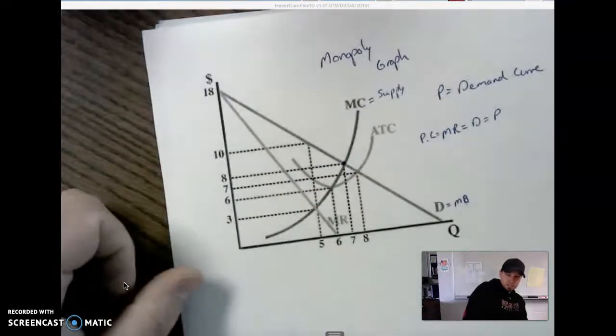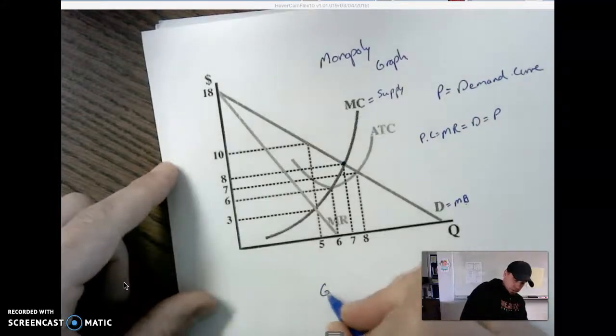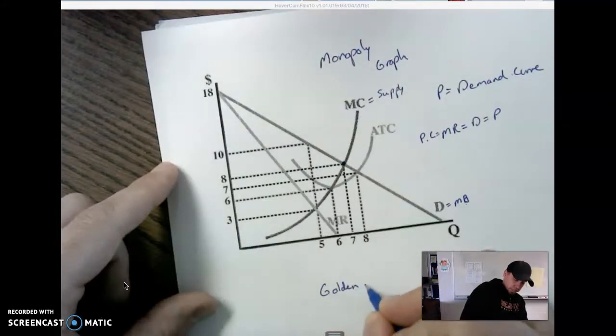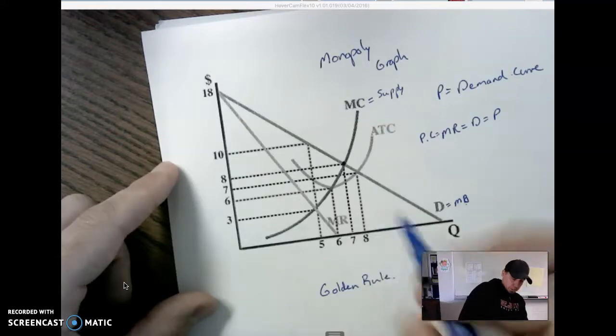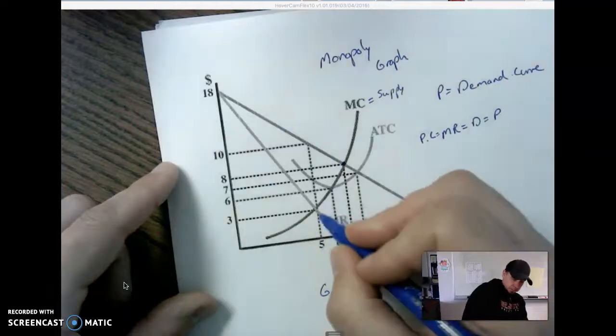But monopoly is a little different. So how do we find the profit maximizing point in monopoly? The golden rule doesn't change. We find our marginal revenue, and where marginal revenue intersects marginal cost, you can see that point down here.